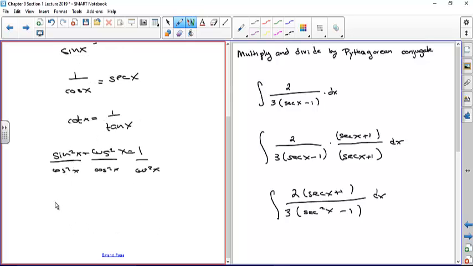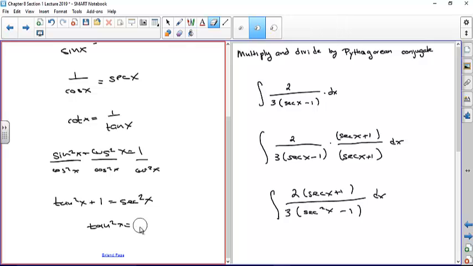So the first term, using the quotient identity, becomes a tangent squared. Cosine over cosine is 1, and 1 over the cosine is the secant. So if we subtract 1 from both sides, we get tangent squared of x equals secant squared minus 1.